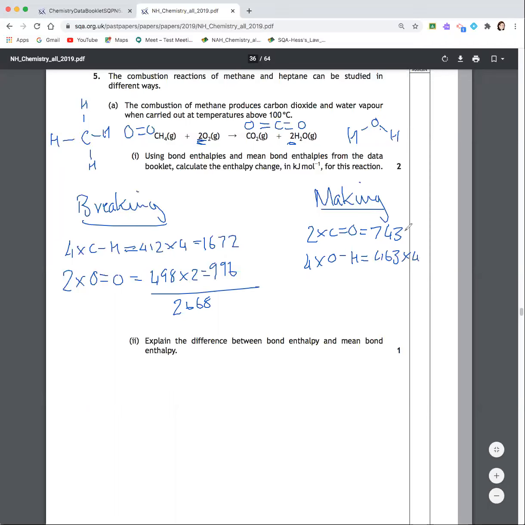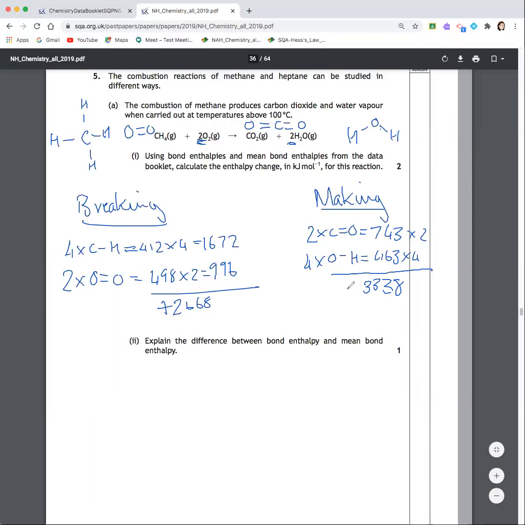So that's times by 4, times by 2. So then if you again calculate what that is altogether, that would give you 3338.